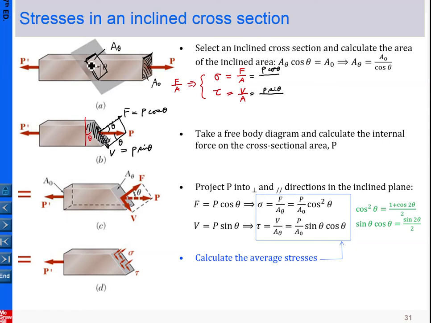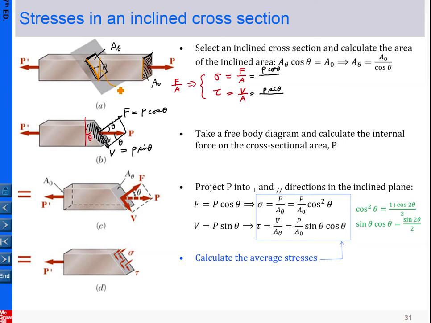So we look at this one here. This length compared to this length represents the comparison of the two areas.